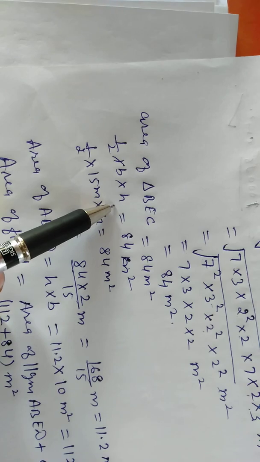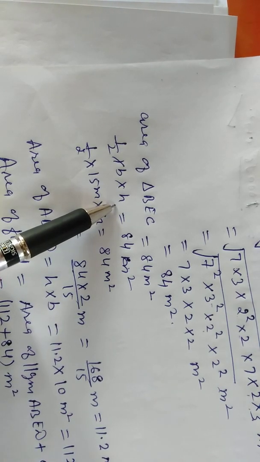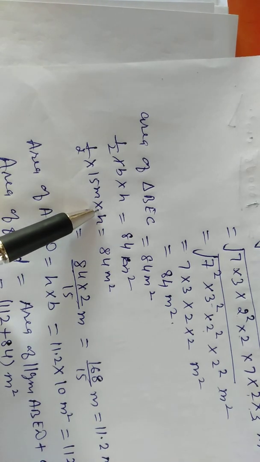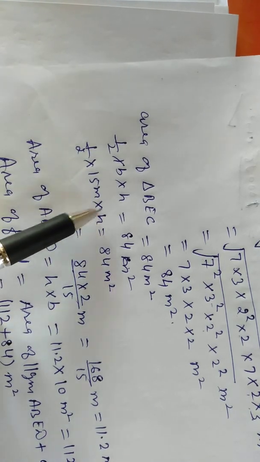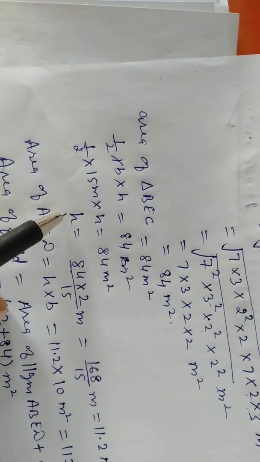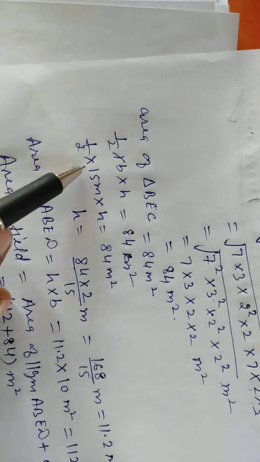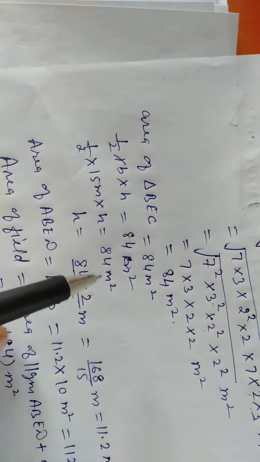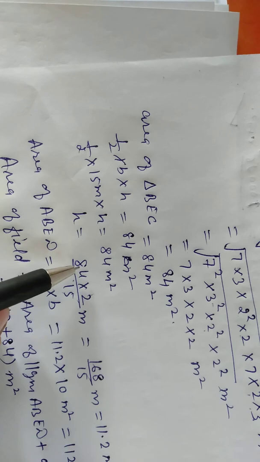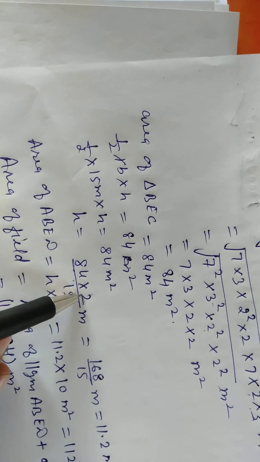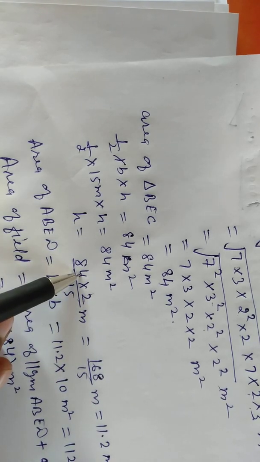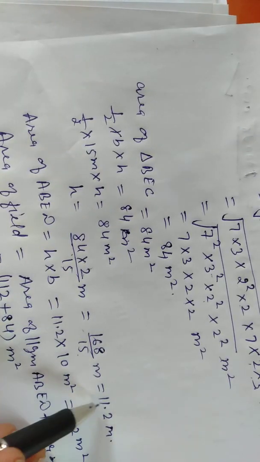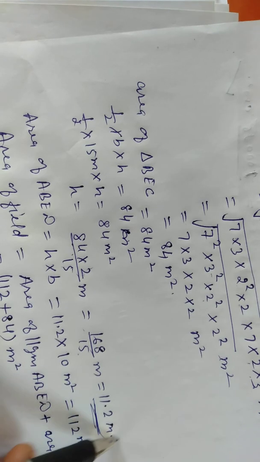We find the height because this height will be useful to find the area of the parallelogram. The base we have is 15, so 1 by 2 into 15 into height equals 84 meter square. Now you can find the height from here. 84, this 2 comes to the numerator and 15 comes to the denominator after transposing. Nothing is cancelled here, so we will multiply: 2 4s are 8, 2 8s are 16, by 15. If you divide this, you will get 11.2 meter, right?